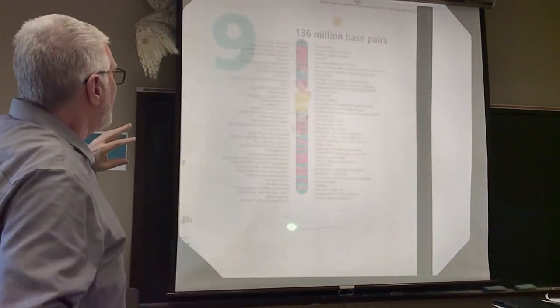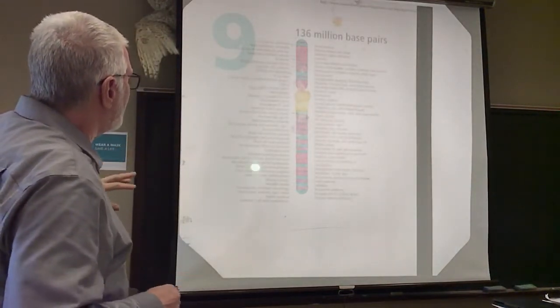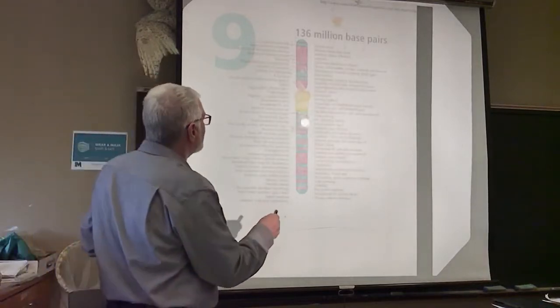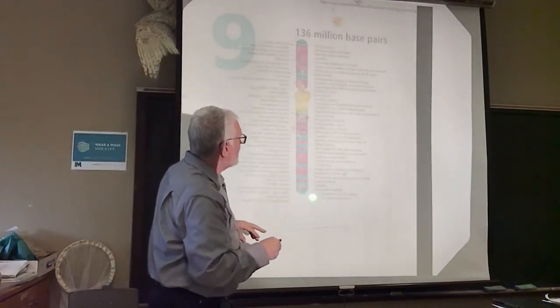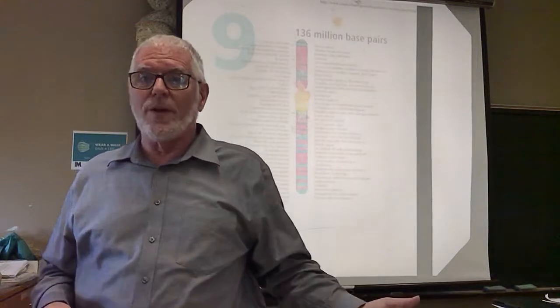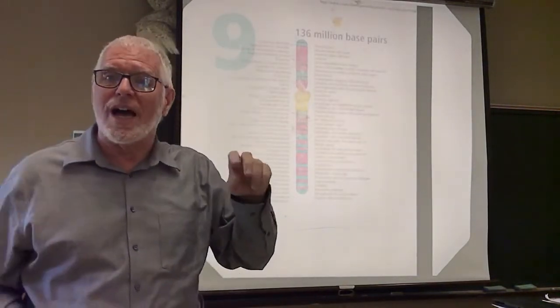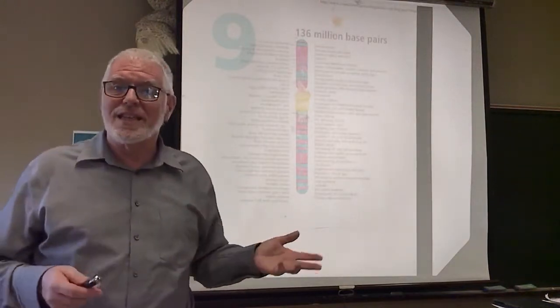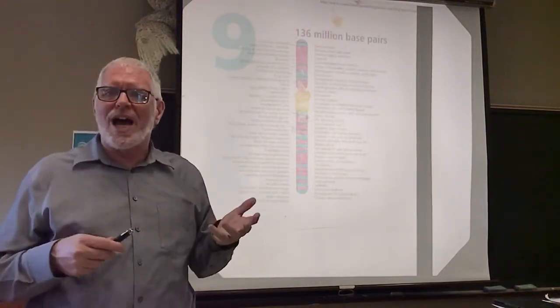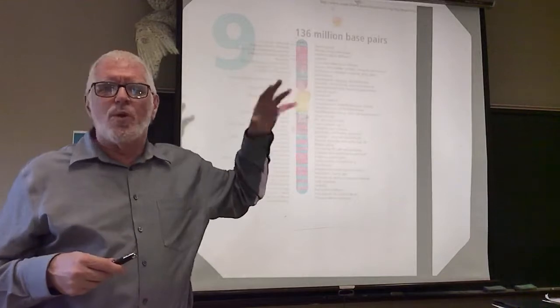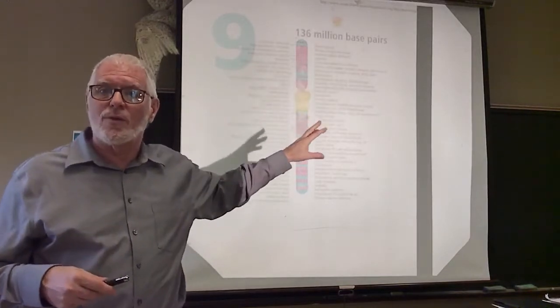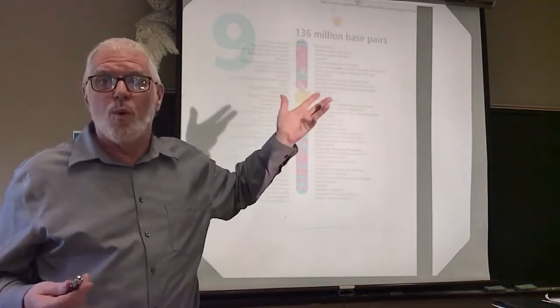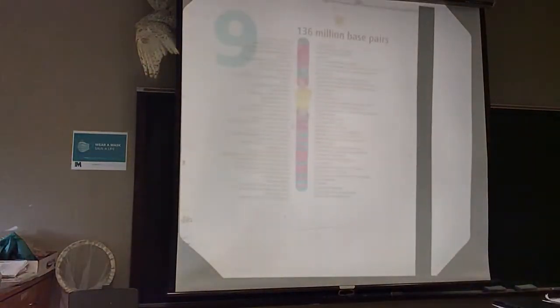But these are all pointing at locations on the chromosome for these genes that do all of these various different things. And that's chromosome 9. That's one of the middle size chromosomes. And it's got lots and lots and lots of stuff. Over time, we identify more and more genes for where they are on the chromosome and what they're doing, what the proteins are doing.